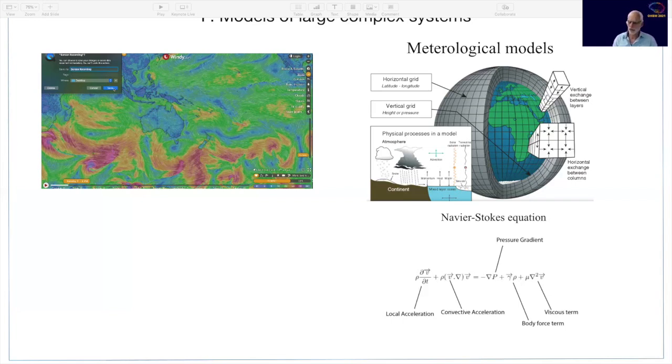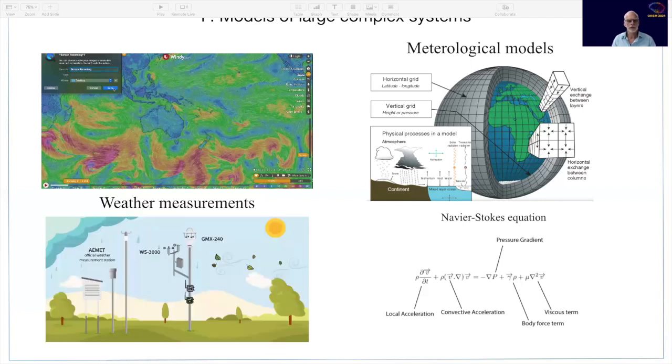So all of these little boxes are coupled together. They're then implemented on massive supercomputers, and they're run around the world. There's about 3 of these supercomputers. And these are used for planning flights, shipping. You can use it recreationally. I use it to predict when I should go surfing.